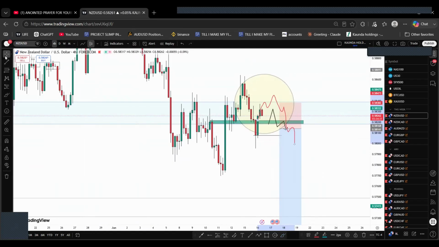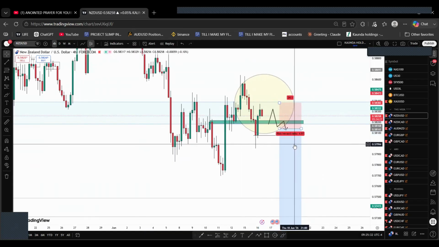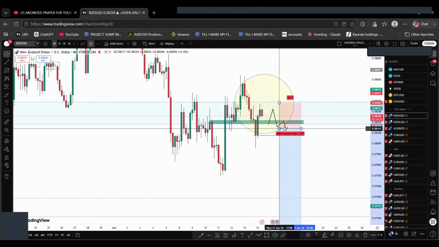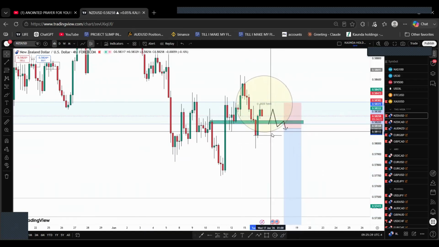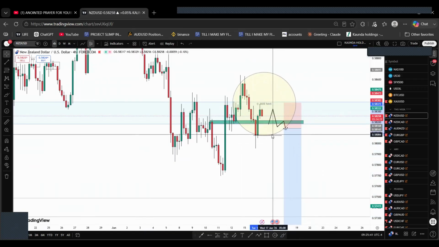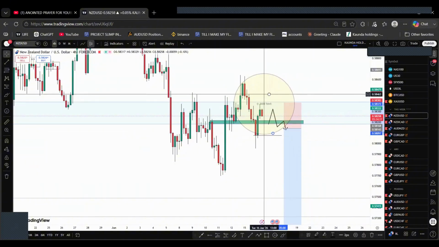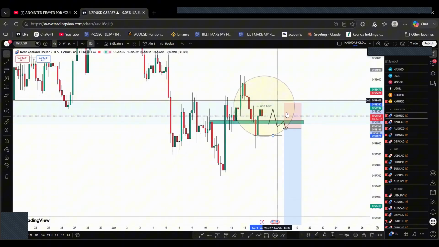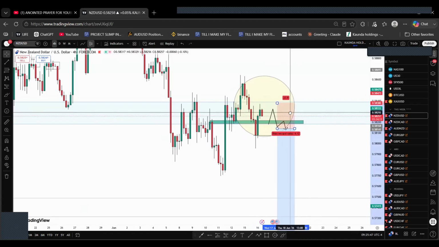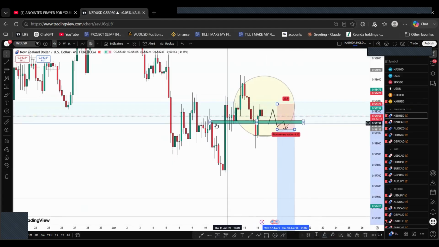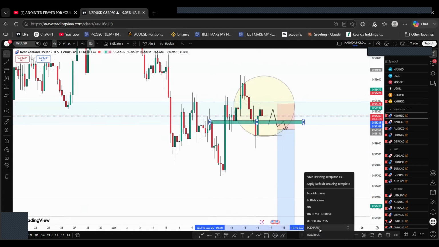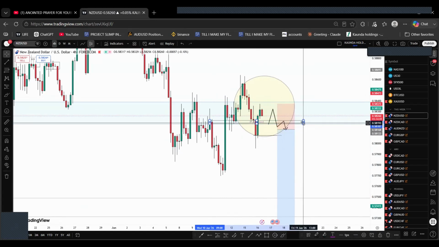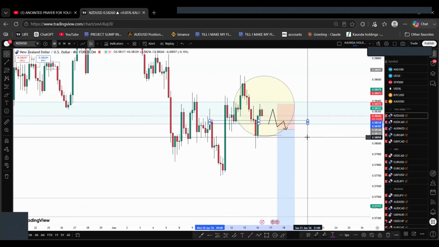This really shows that price would have sold, but it first wanted to play around this level, you see? And that is making our entry safe. Because this is where we plan to take our sell.